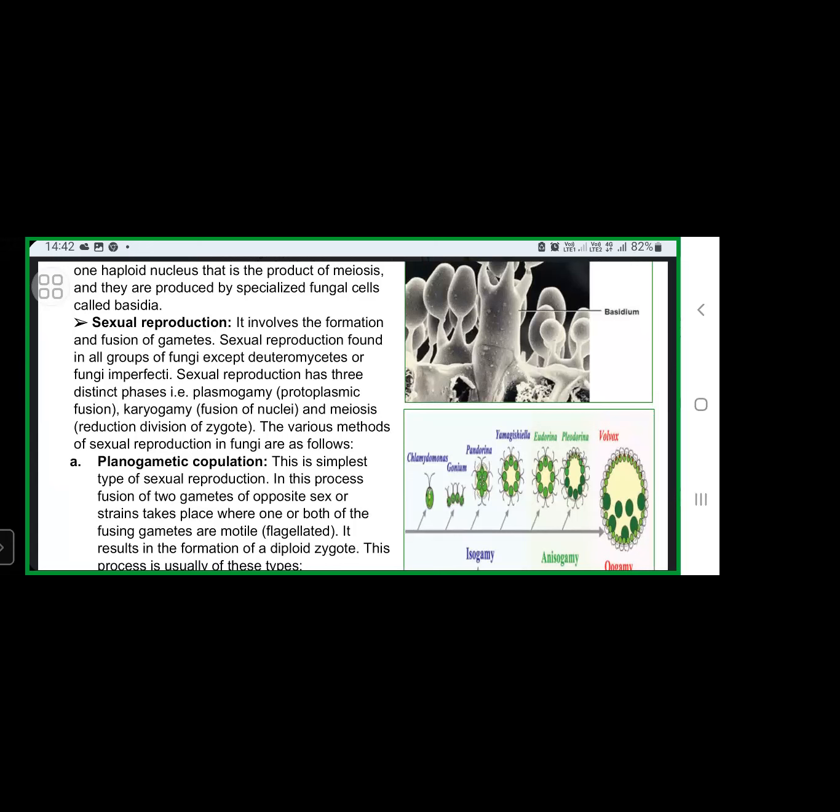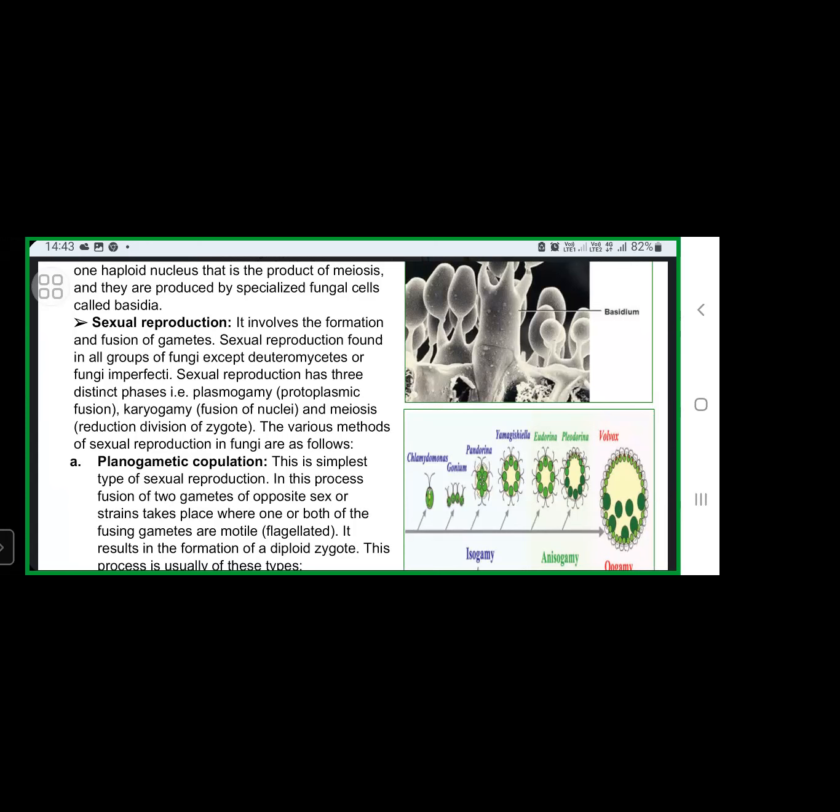Now we will discuss sexual reproduction in fungi. What is sexual reproduction? How does it take place? How many types of sexual reproduction methods can you observe in fungi? Here, two gametes are involved, that means gametes belonging to two strains or two sexes.